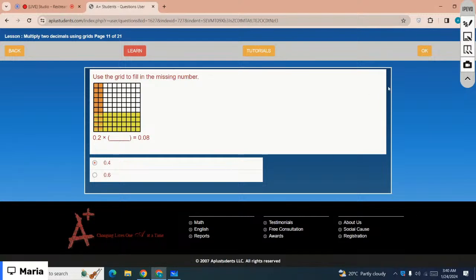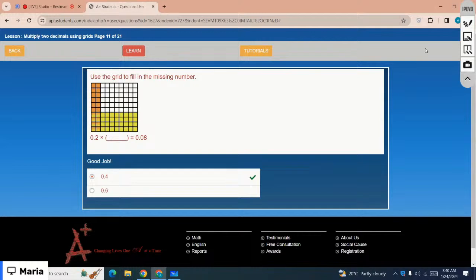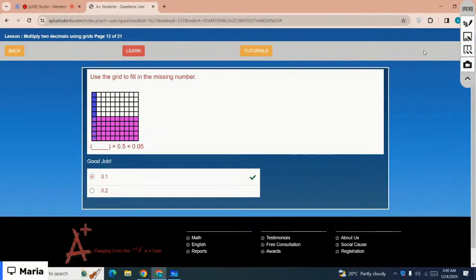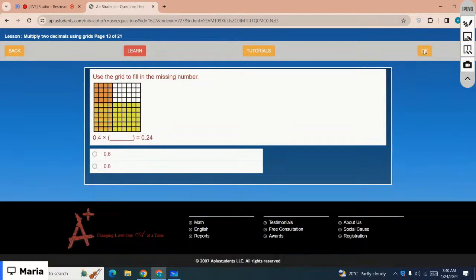Yes, that is 0.4. So 0.4 is missing, right? Okay, the next one is use the grid to fill in the missing number. So which number is missing? The missing number is 0.5 times 0.1, right? Option number 1 is the correct option.